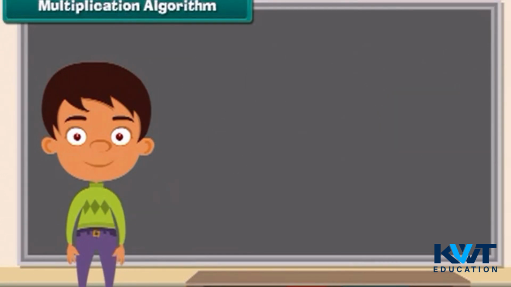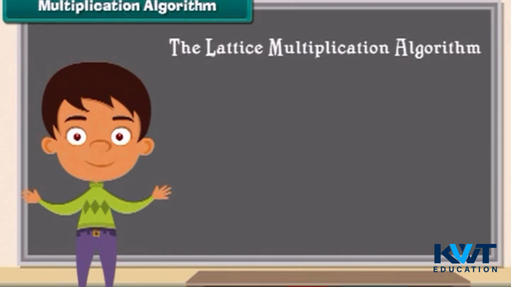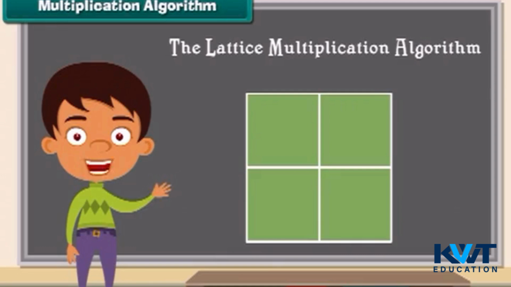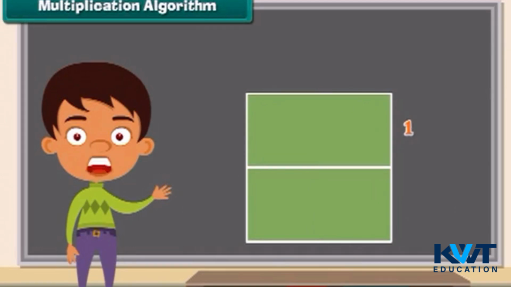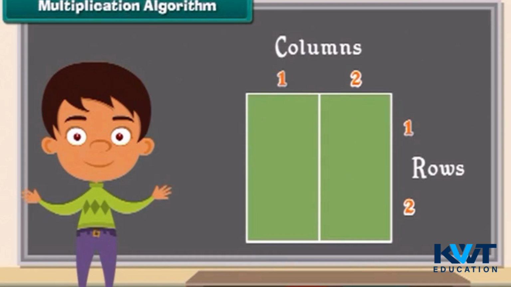Multiplication algorithm. It is now time to learn to multiply large numbers in a simple way using the lattice multiplication algorithm. The algorithm uses a grid made up of rows and columns. The number of rows and columns depend upon the number of digits in the numbers to be multiplied.